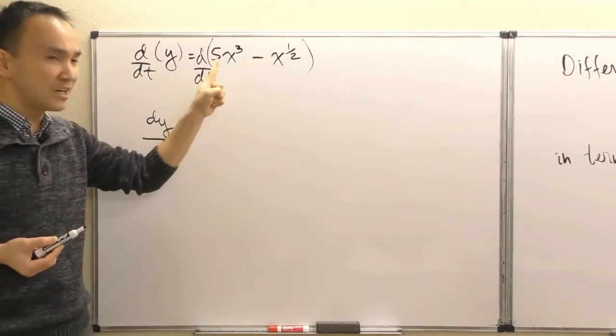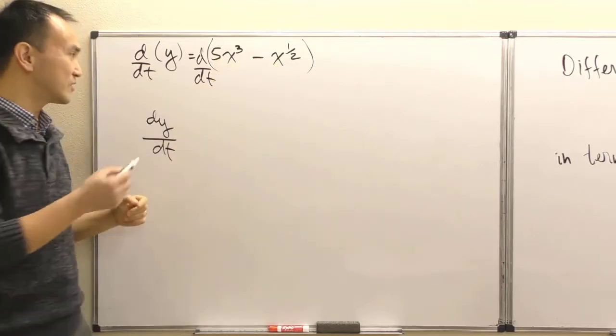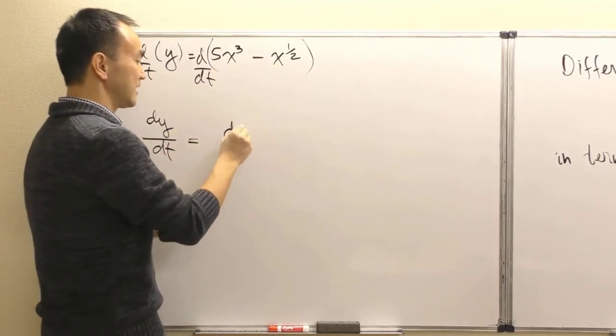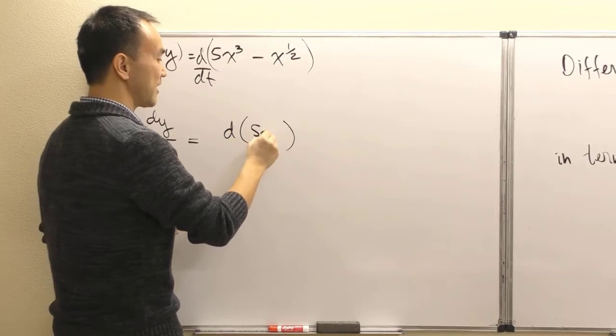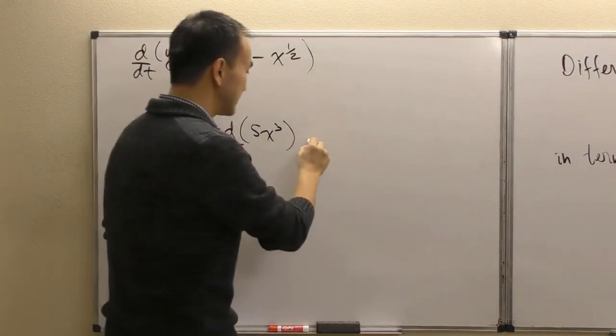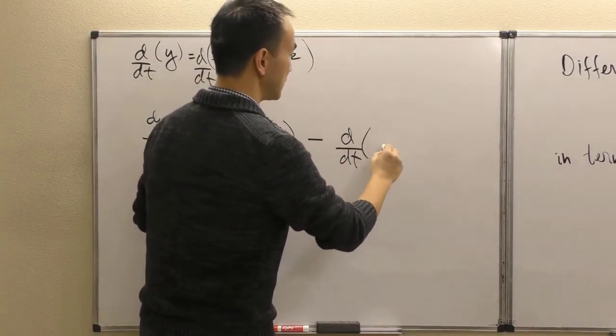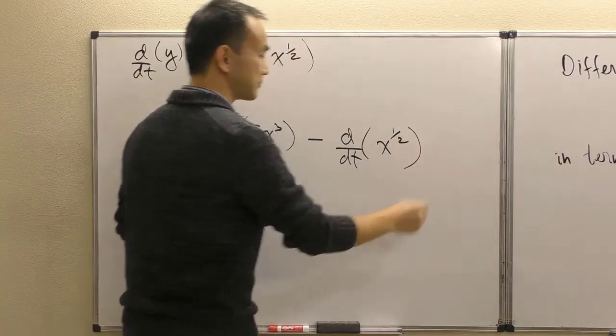On the right-hand side, there are two terms connected by subtraction. That means I can work separately with the 5x cubed and differentiate that in terms of t, and then subtract the derivative in terms of t of the x to the 1/2 term.